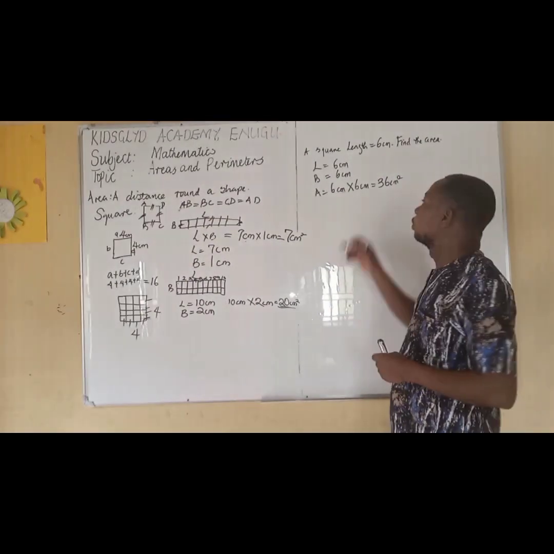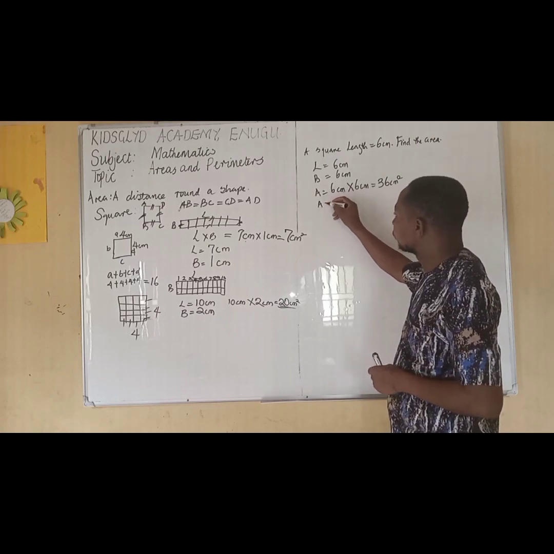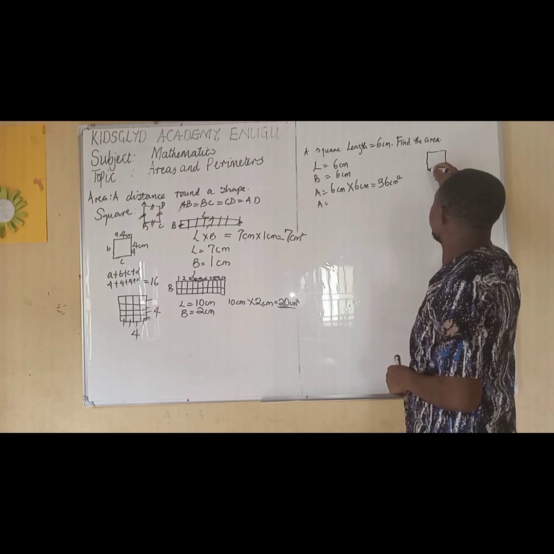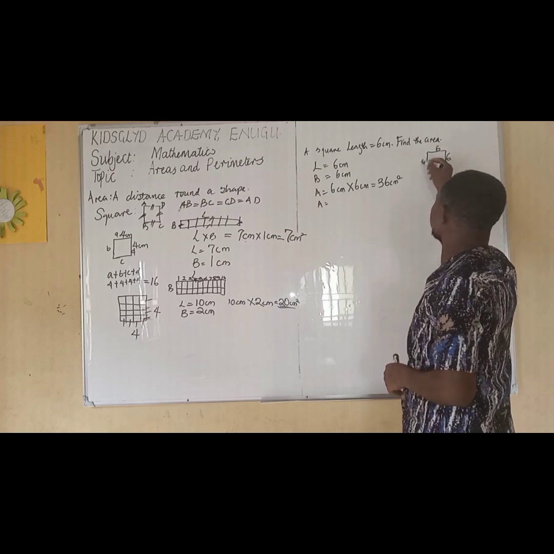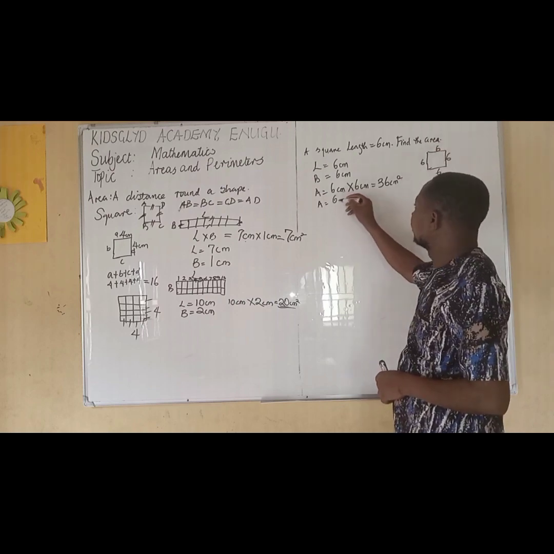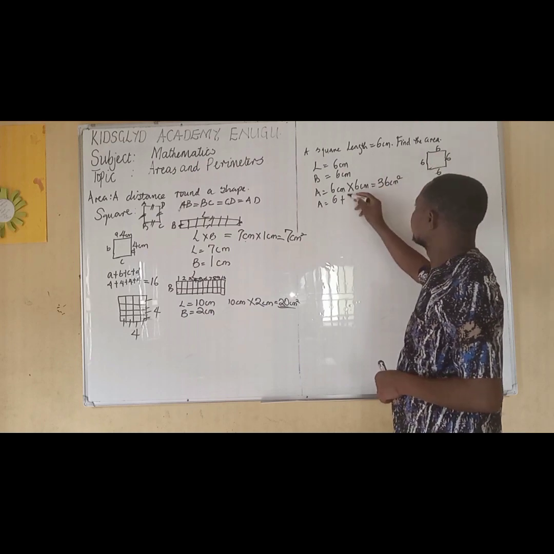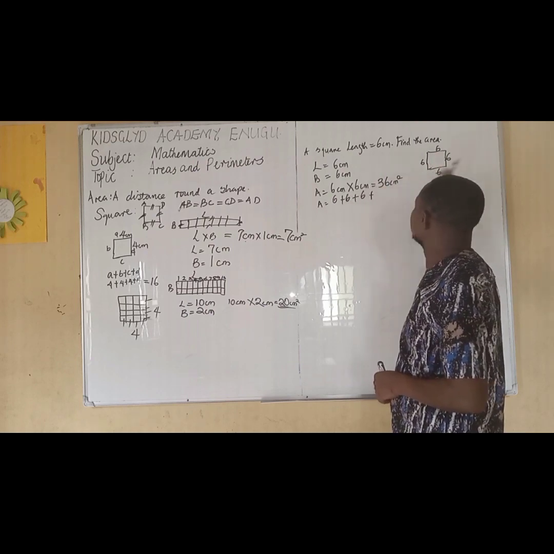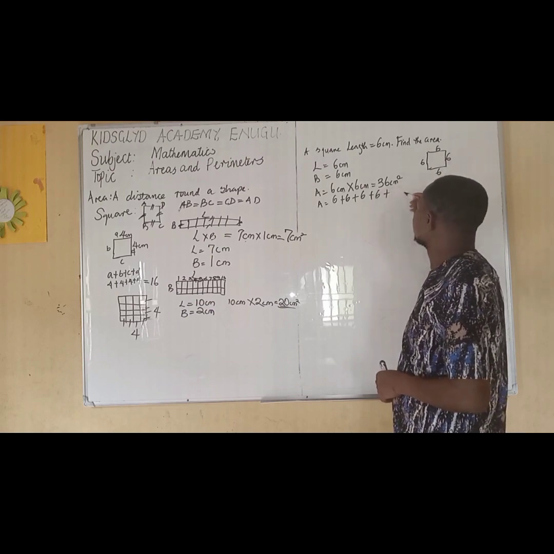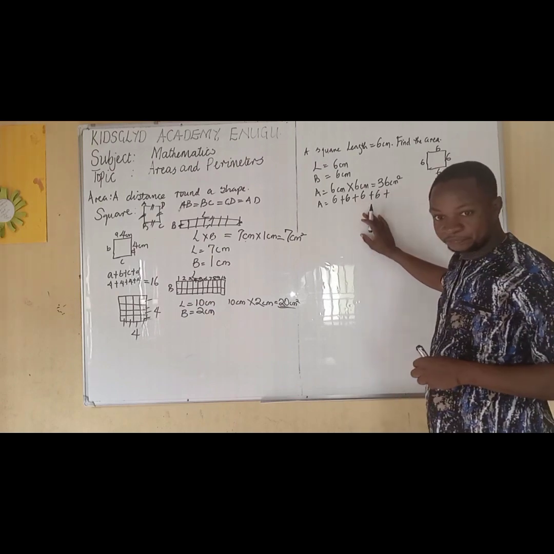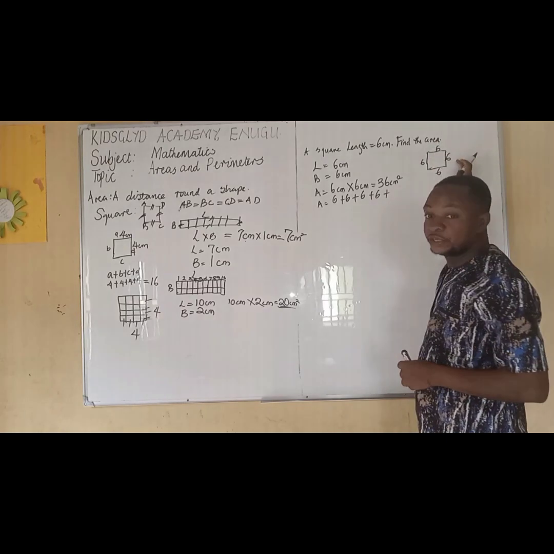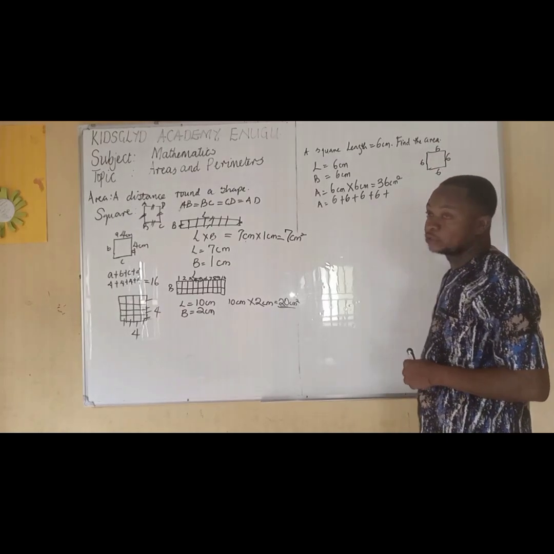Or you can also say, area is equal to side plus side. This is our square, 6, 6, 6, 6. This 6 plus 6 plus 6 plus 6, now we have gotten the 4 sixes here. And we say that length times breadth gives us the area of a square.